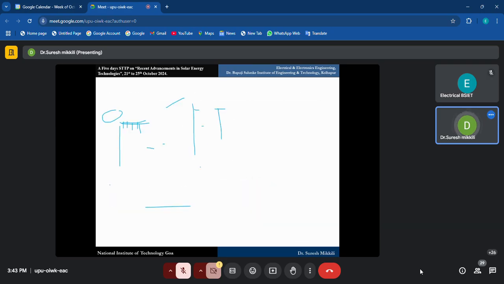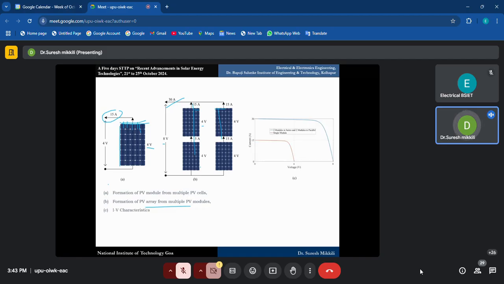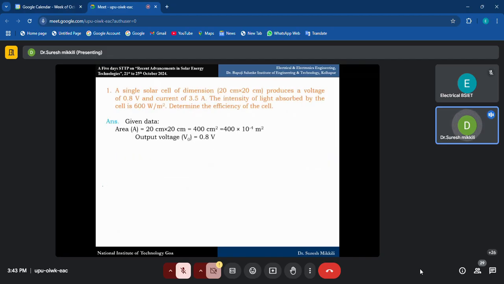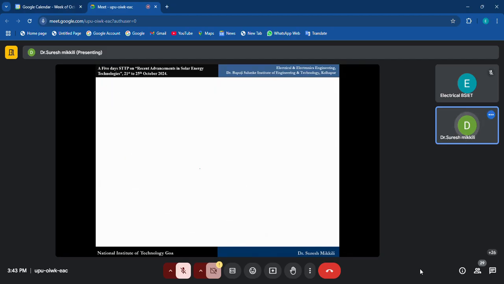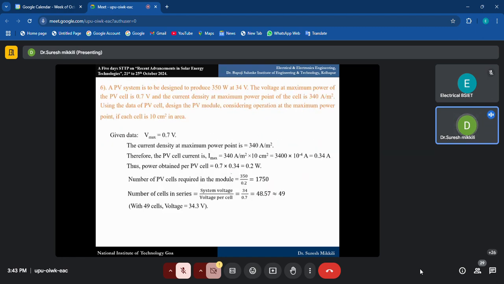So these are the IV characteristics I have taken. I will simulate and show you tomorrow or the day after, but let me show you first.